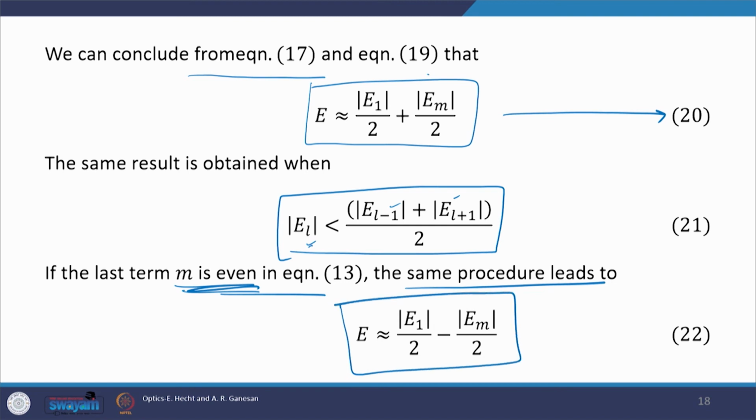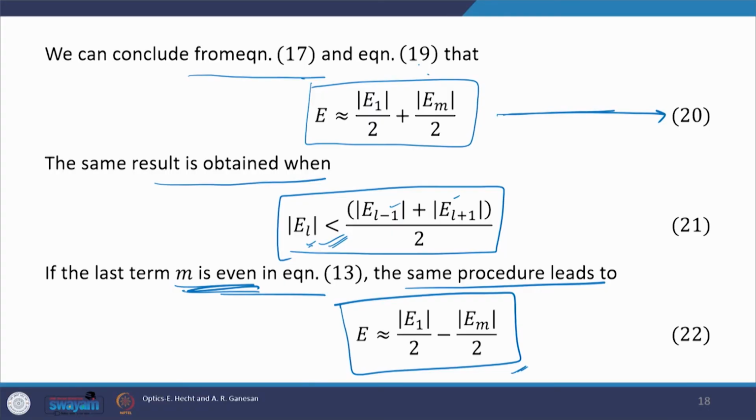I repeat, from equations 17 and 19 we get this relation, and the same result is obtained when we assume that the contribution from the lth zone is less than the average of the adjacent zones.